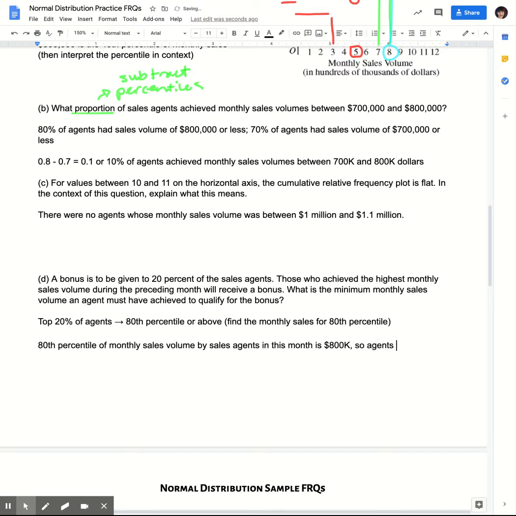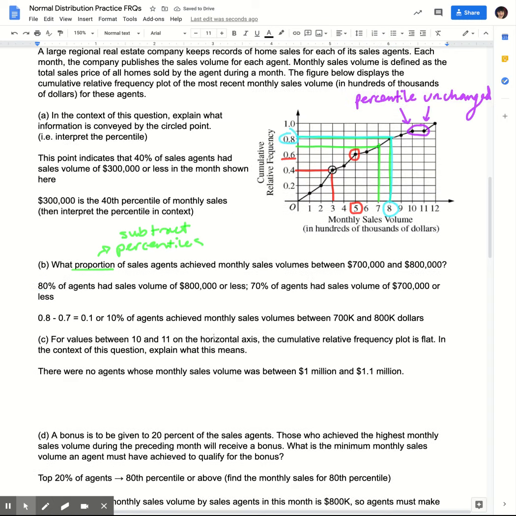So agents must make at least $800,000 to qualify for the bonus. All right, so that is it for this question.